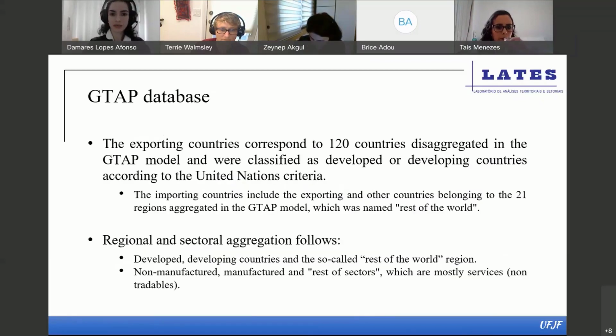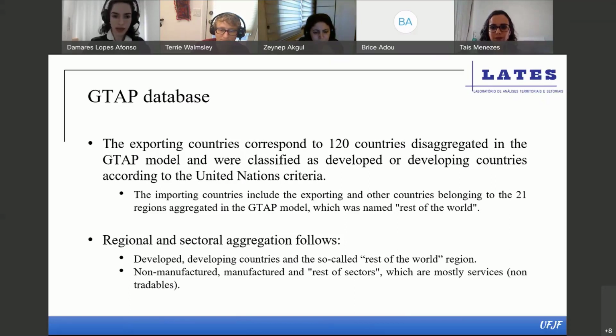The exporting countries correspond to 120 countries disaggregated in the GTAP model, and were classified as developed or developing countries according to the United Nations criteria. The importing countries include the exporting countries, developing countries, and the other countries aggregated in the GTAP model in the region named the rest of the world.